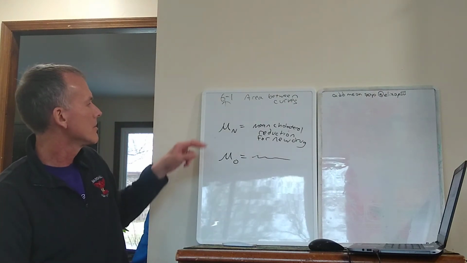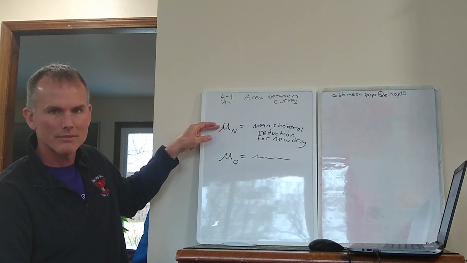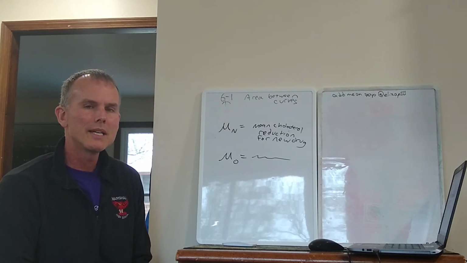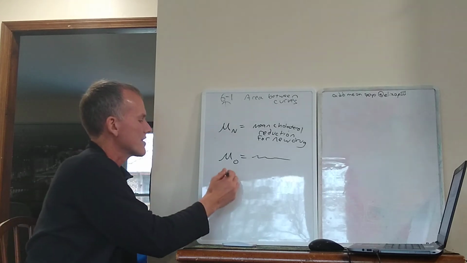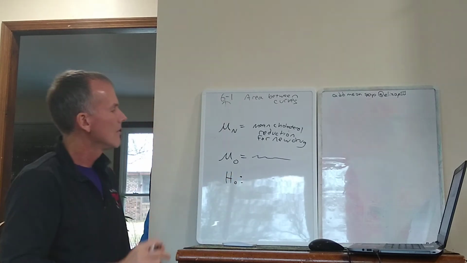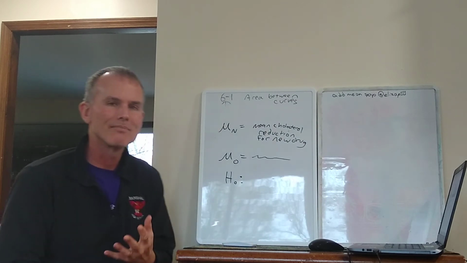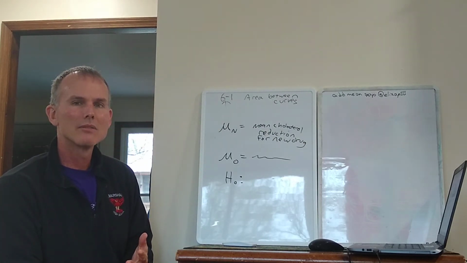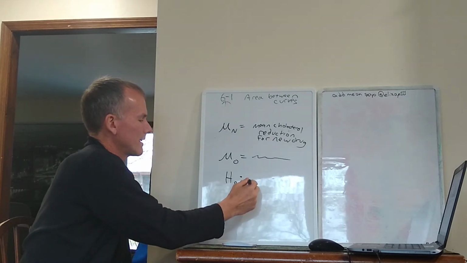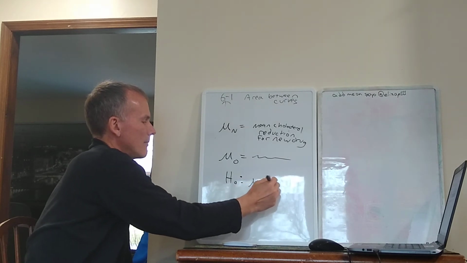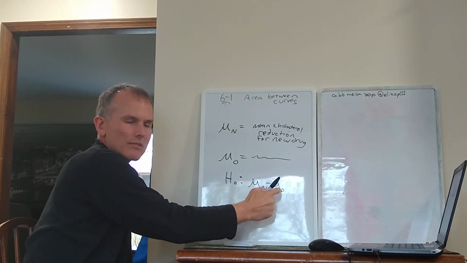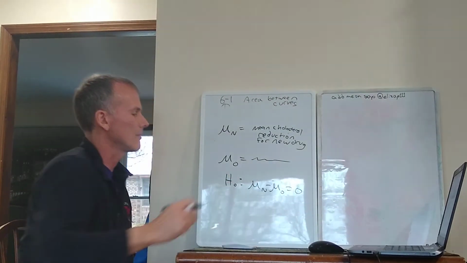Then, we want to know if this true mean reduction is different from this true mean reduction. Well, in that case, our null hypothesis might be something like this. The null hypothesis is that essentially the mean reduction is the same for both drugs. That can be written a couple different ways, but you can't go wrong if you write it like this: mu sub n minus mu sub O, the mean reduction by the new drug minus the mean reduction by the old drug, equals 0.